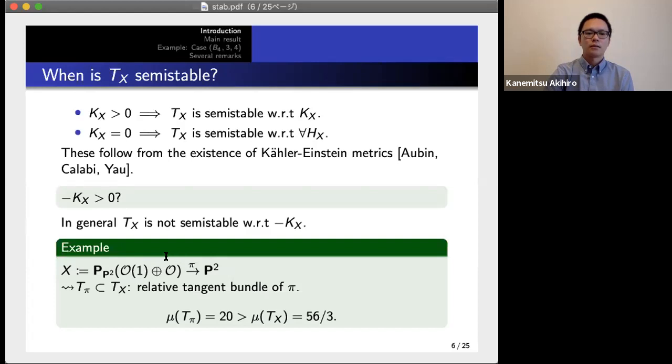Then the relative tangent bundle of this projection gives a subsheaf of T_X, and its slope is 20, which is greater than the slope of the tangent bundle, which is 56/3. So the relative tangent bundle gives a destabilizing subsheaf of the tangent bundle. So the tangent bundle is not semi-stable in this case.